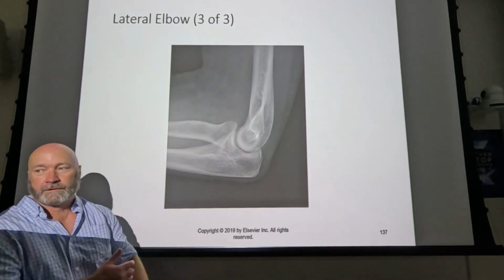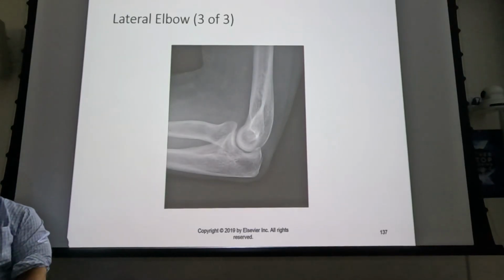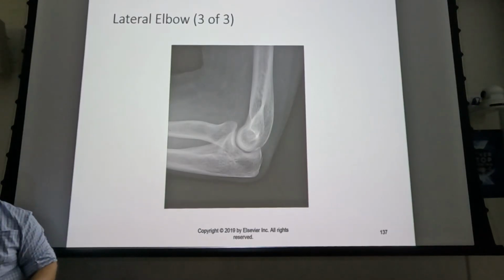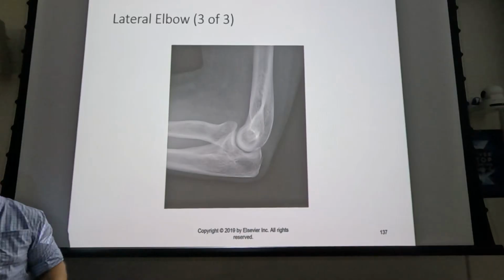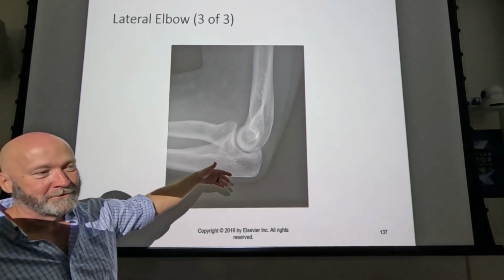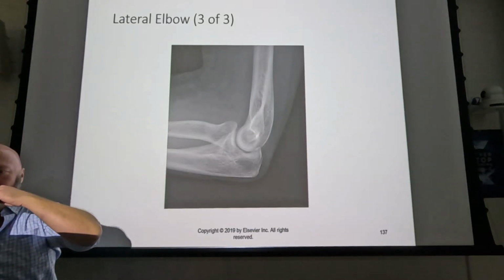So if your patient comes to you holding their arm like this, what I recommend is do nothing except get the image receptor under it, take an image, and see if you've got a dislocation. If you don't have a dislocation, they're being dramatic. They might have a fracture, but they don't have a dislocation. And then you start working on other things.